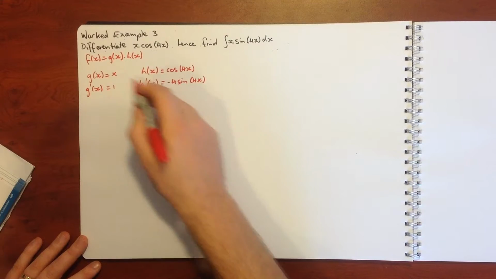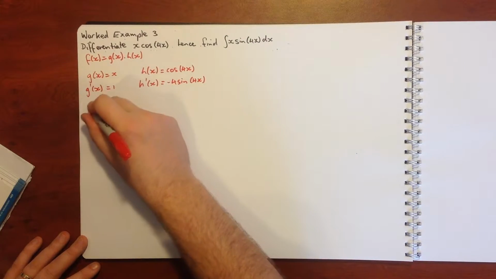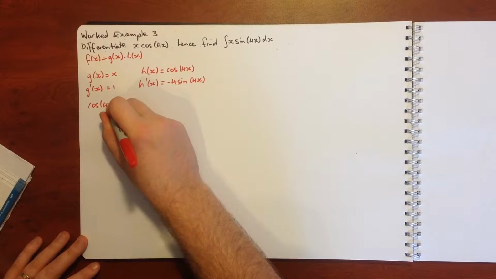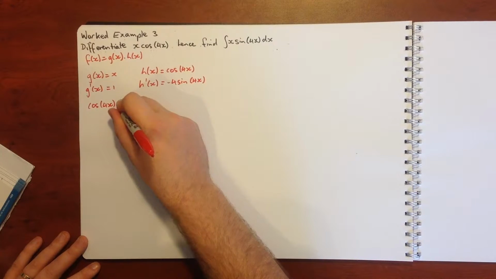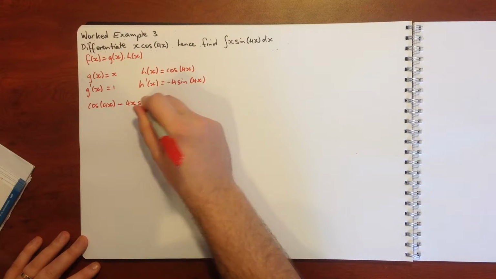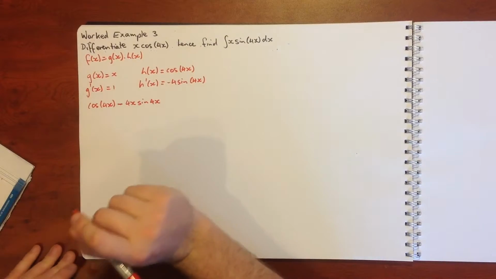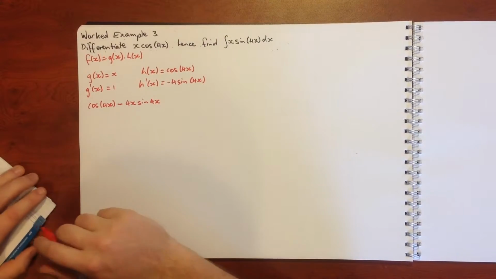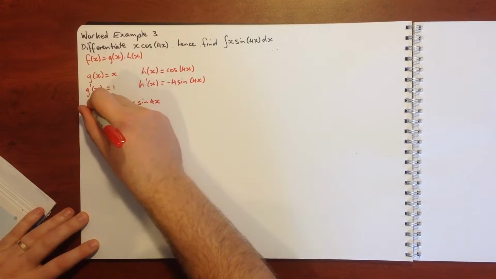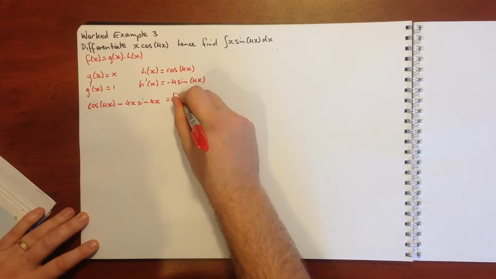We bring them together, so we get 1 times cos of 4x, minus 4x sine of 4x, as our derivative, which is our f dash of x.